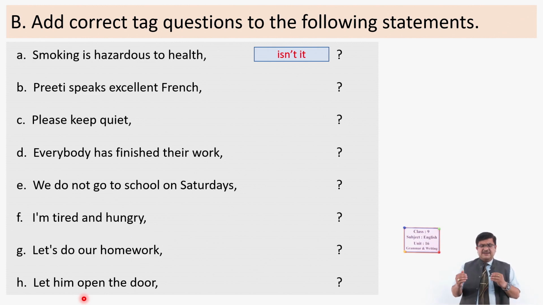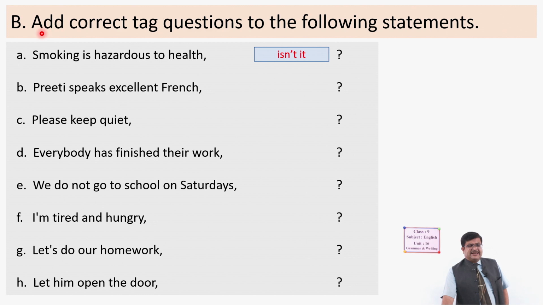And another basic rule of tag is we never use the full form of the verb. We use the contracted form of a verb. For example, we cannot use "is not it." What is the short form of "is not it"? Isn't it? This is the correct contracted form of the tag.